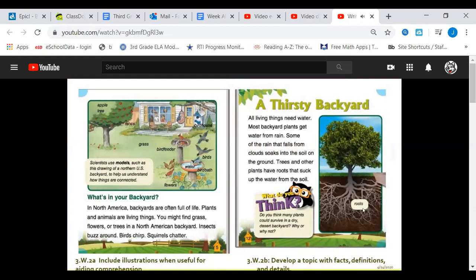So I want you to think about that when you go to do your informational writing. You will need to include illustrations, models, labels. And if you notice, the word model here is written in bold text.